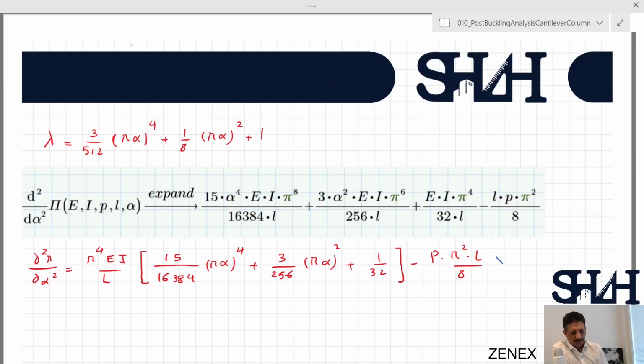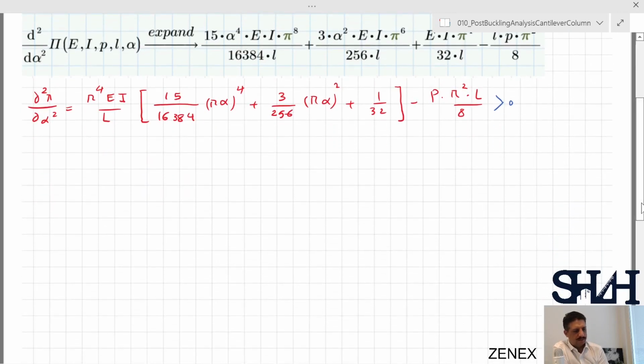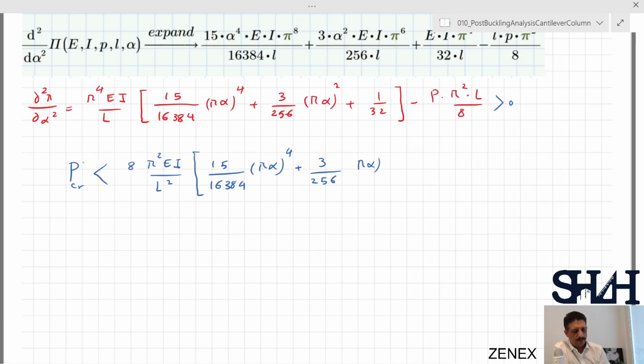And to check if this is stable, it should be greater than 0. As a result, P critical in any case should be less than pi 2 EI over L2 times 15 over 16384 pi alpha power by 4 plus 3 over 256 pi alpha power by 2 plus 1 over 32.